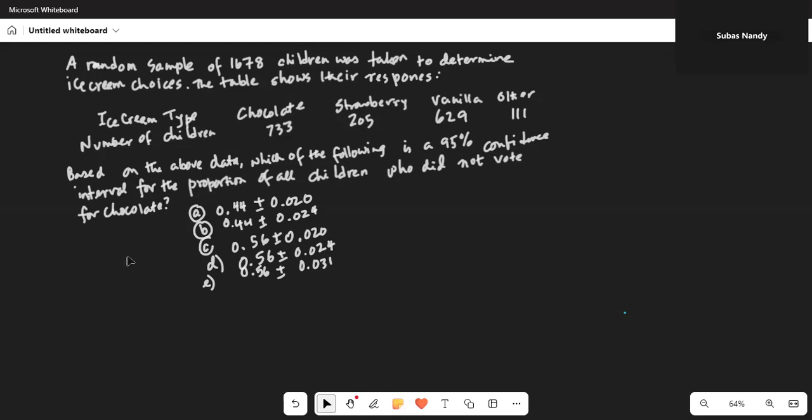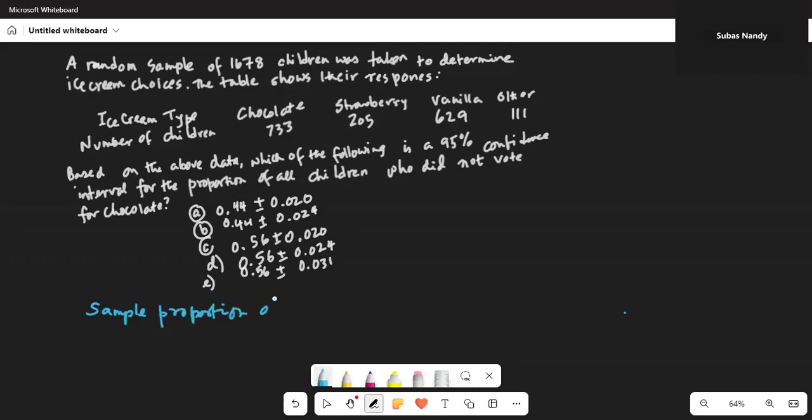In order to do that, first we will calculate the sample proportion of children who selected chocolate, and that will be p hat equal to x over n.